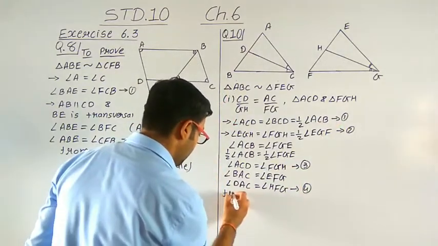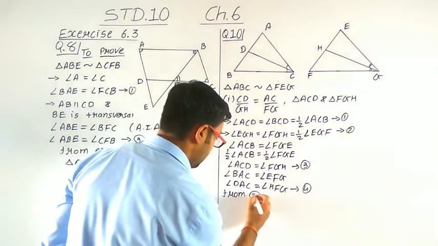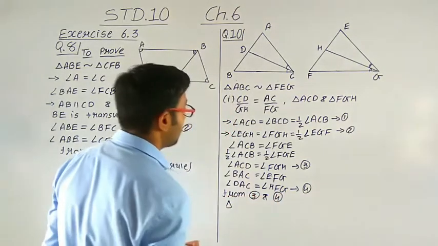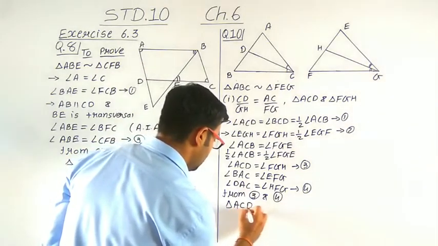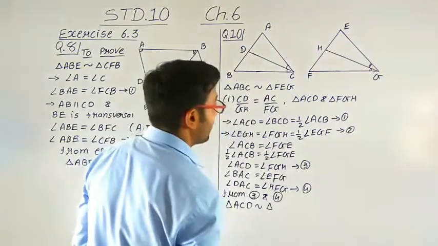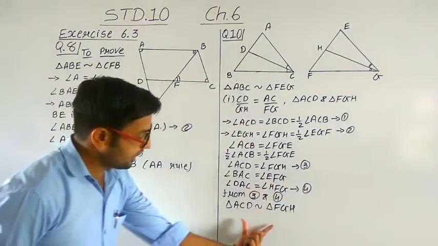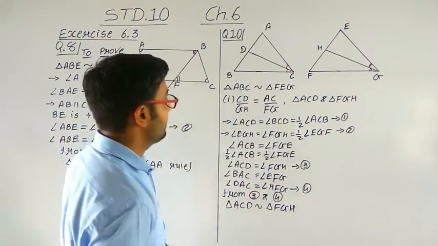So from 3 and 4, we can write down that triangle ACD is similar to triangle FGH. If the two triangles are similar, then the corresponding sides are also in the same proportion.